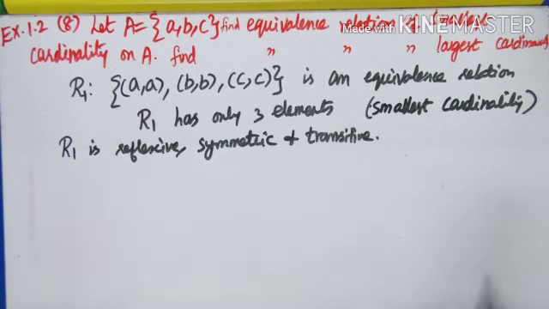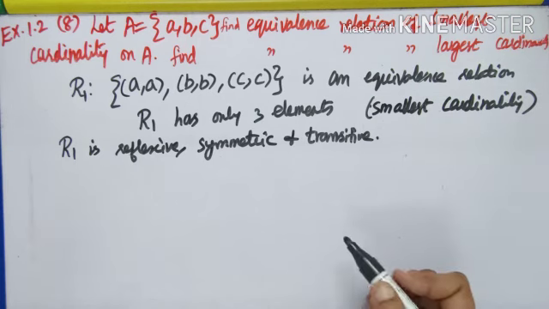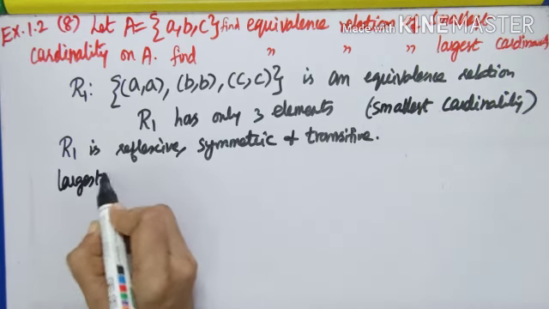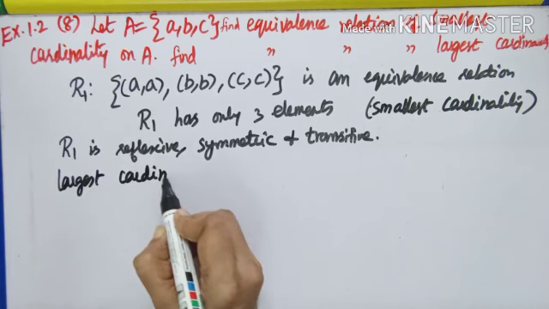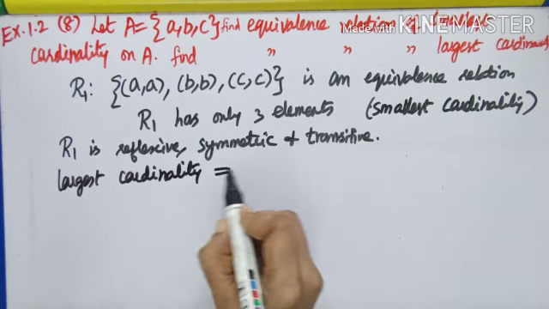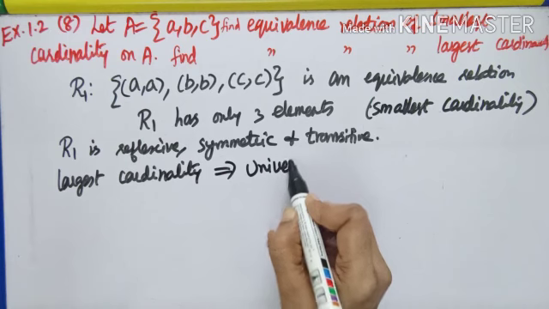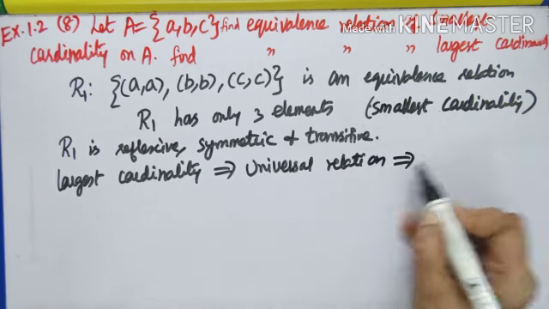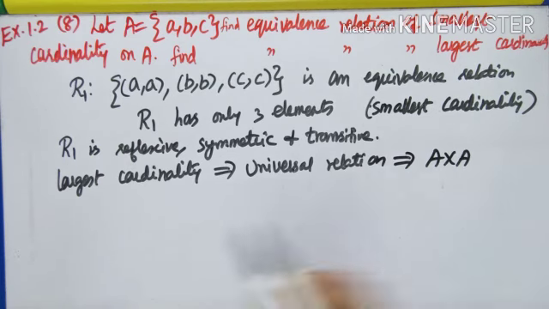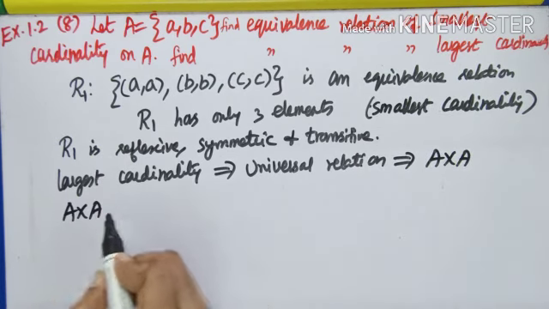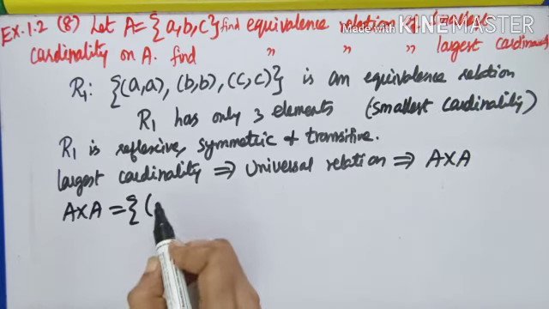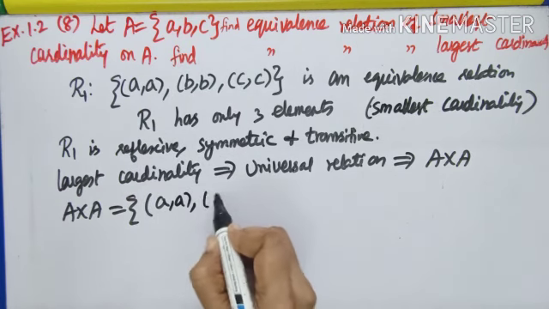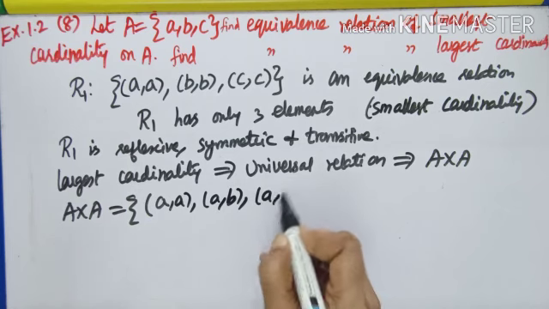The next idea is largest cardinality. You will write the universal relation. So largest cardinality implies it should be the universal relation. What do you mean by the universal relation? The universal relation is nothing but A cross A. So what is A cross A? All the ordered pairs. a is the first element: (a, a), (a, b), (a, c).